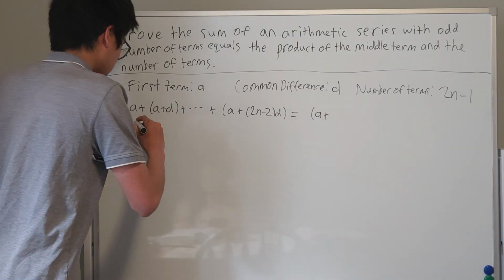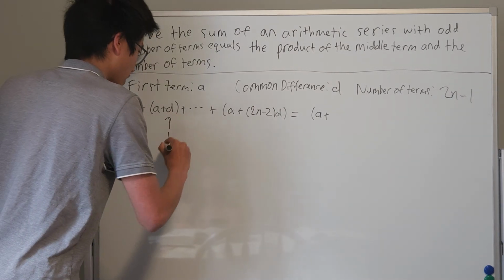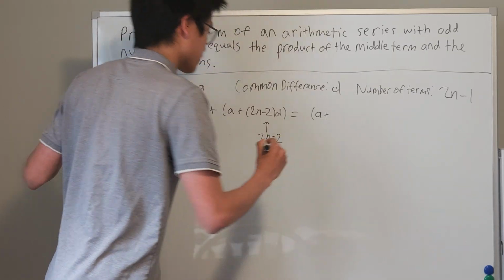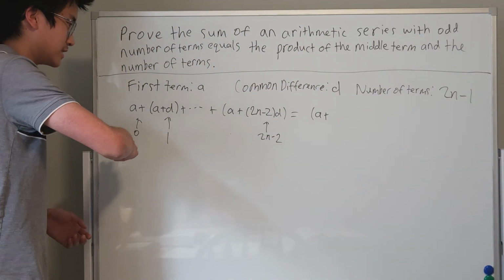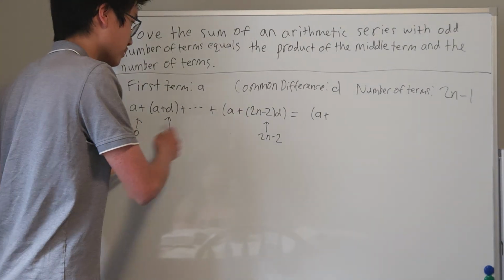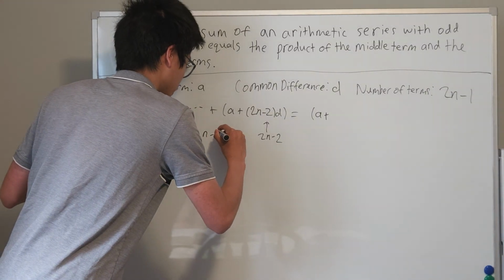For clarity, this is a plus 0d, so right here will be 0, this will be 1, all the way to 2n minus 2. Our task now is to find the middle of 0, 1 to 2n minus 2. A quick way to do this is to add 0 and 2n minus 2, and then divide by 2 to get a final answer of n minus 1.